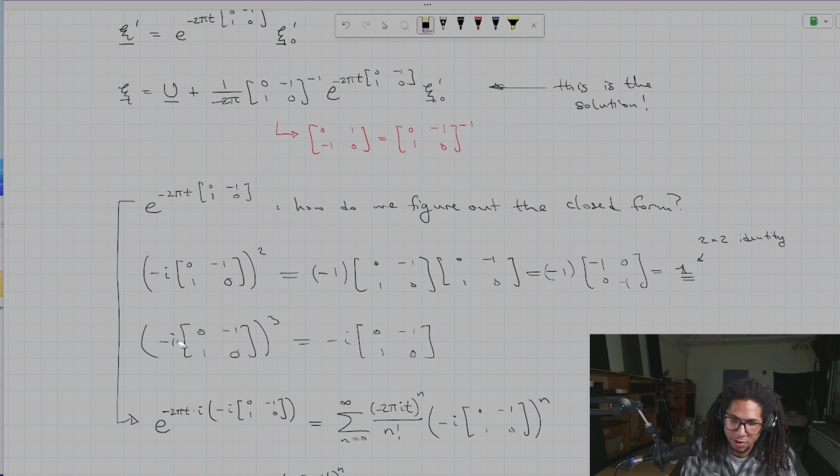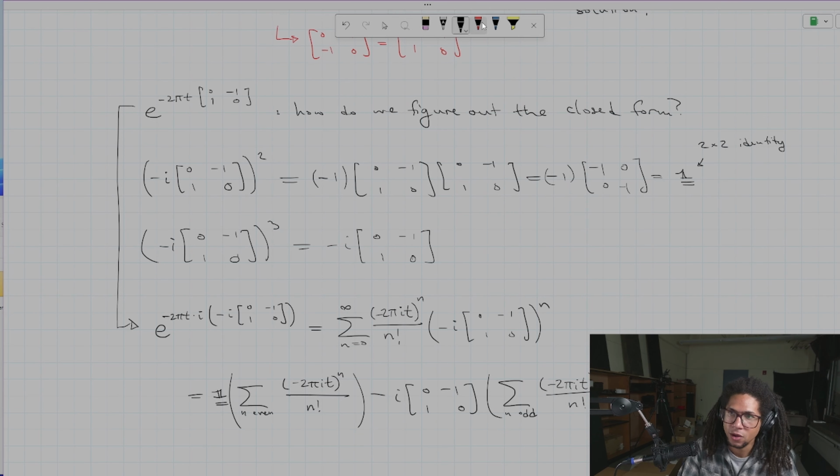Maybe make sure that that's clear. And then minus I times 0 minus 1, 1, 0 times the sum of all of the odd terms in the series of minus 2 pi I t to the n over n factorial.